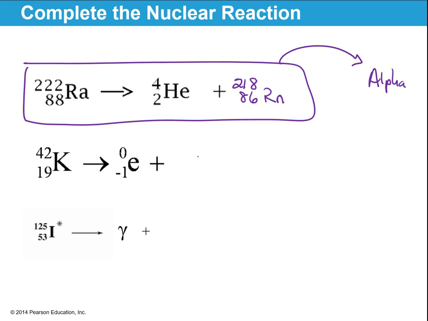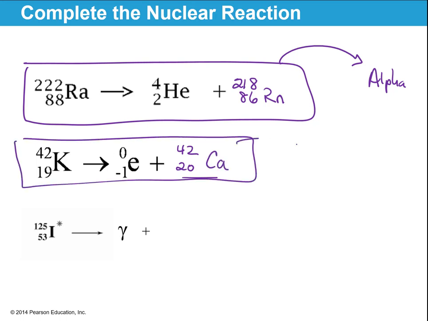What about this one? What would the mass be for this one? Same. What happens to the atomic number? 20. And if it's 20, it becomes what? Calcium. But if you see this, then you're going to tell me this is beta. So that has an electron as a product. And then this last one. So there's the little symbol.